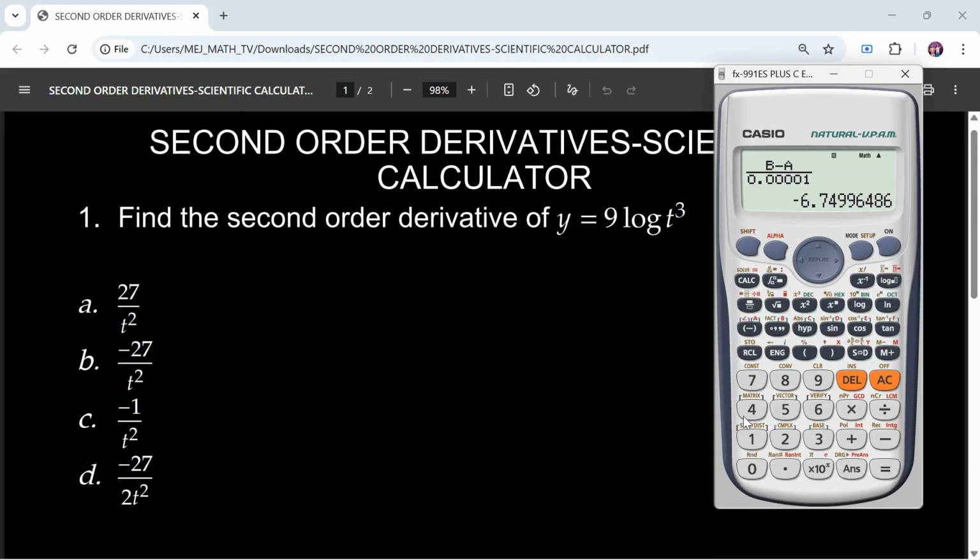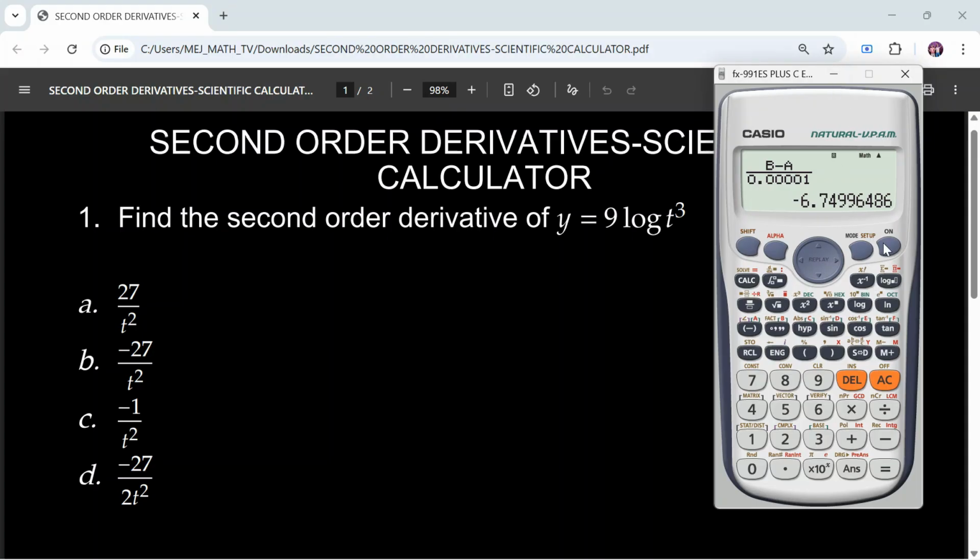So we want to test these options. The one that is going to give us negative 6.749 is the correct answer. So if you are to leave this in 2 decimal places, we are going to have negative 6.75.